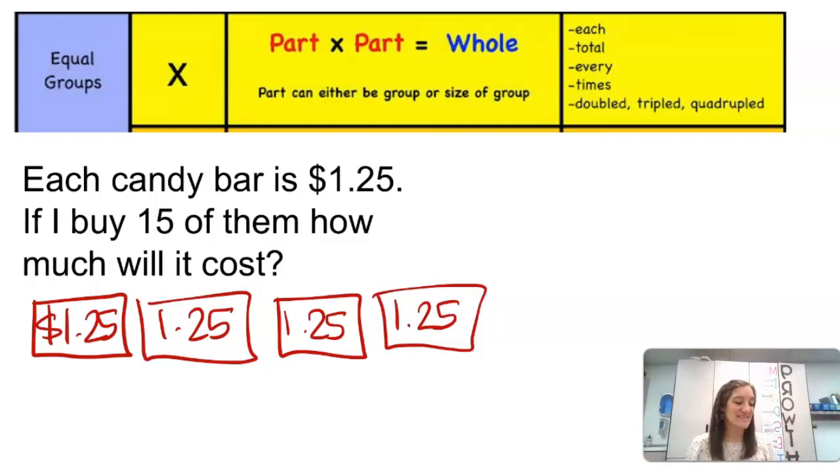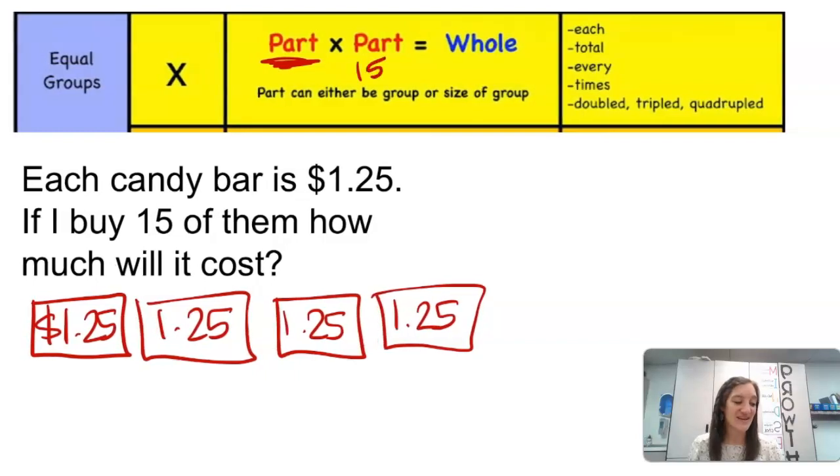So that is an example of where I have a part that I am using over and over again. I am doing this part 15 times. So I'm taking $1.25 and timesing it by 15, which I set up like this, not even caring about the decimals.